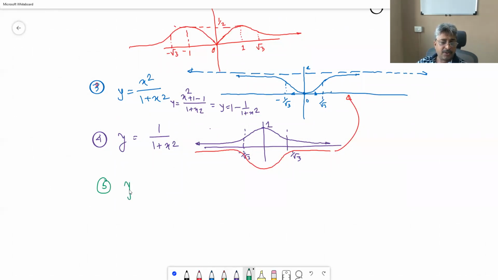First graph was y is equal to x upon 1 plus x square. If I say x minus 1 upon 1 plus x square, whether it becomes very difficult or it becomes easy, spend some time and find out. So x minus constant upon 1 plus x square, if we can establish the general result like that, it will be great. Therefore, I want you to sketch 5 and compare it with 1.